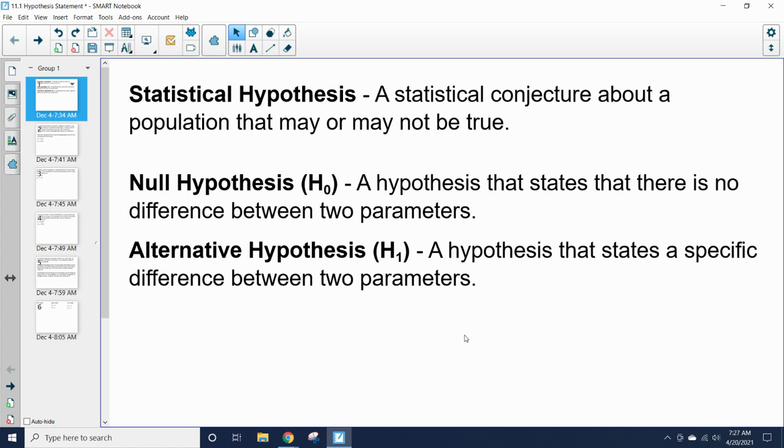So the alternative hypothesis is saying that the current belief is incorrect. There's something different, whether the research suggests it should be greater than, or should be less than, or should be just different in some way. We'll talk about how we can tell that later. But the alternative hypothesis suggests that it should be different in some sort of way. There's some sort of difference between the current belief and what you believe the research to be.